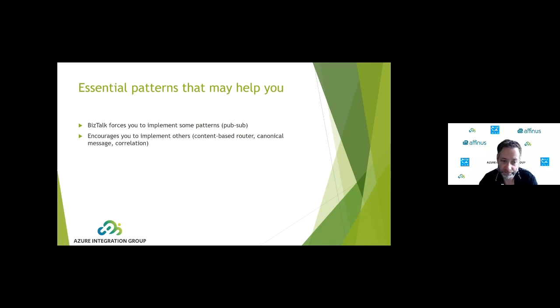So content-based router, canonical messages, correlation. Those are very easy to do, because you publish and you have two different subscriptions, and then you've got a content-based router. It's all so after PubSub, that's a very easy one. Obviously, by using transformation in your pipelines, you can use canonical message formats so that you can then easily go between different systems.